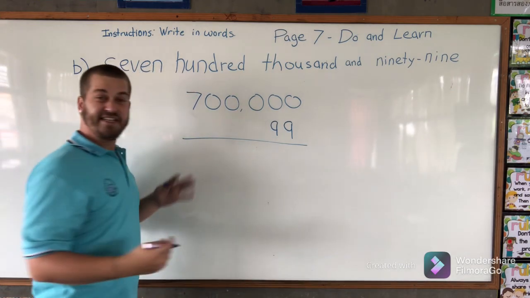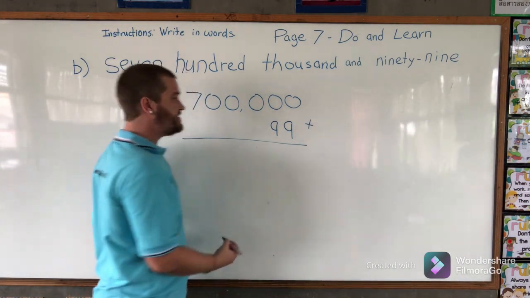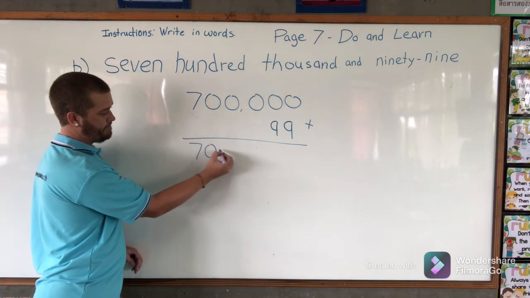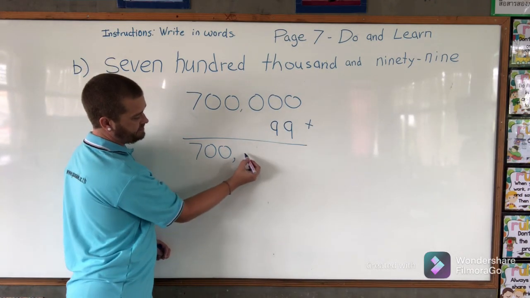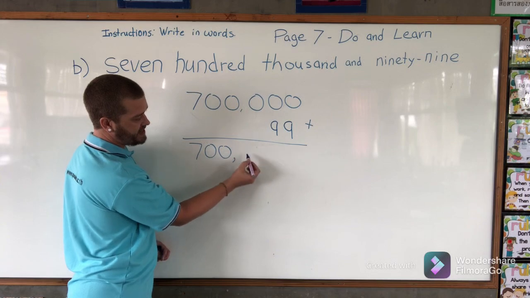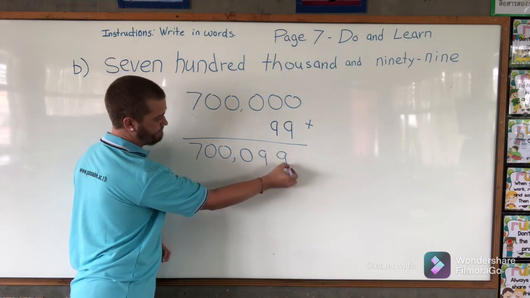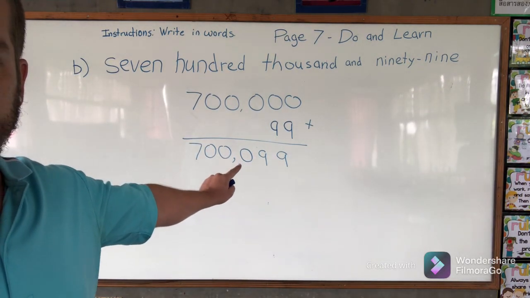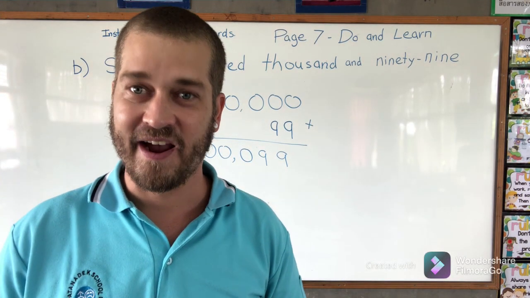So if it's easier to do it like this, please go ahead and do it. It still gives you the same answer. So we have 700,000 and 99. But 9 doesn't start here because 99 has only 2 digits. So this is what 700,000 and 99 looks like. Did you get it right? All right, let's go on to C.